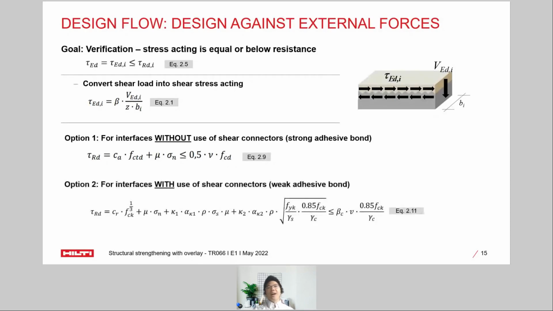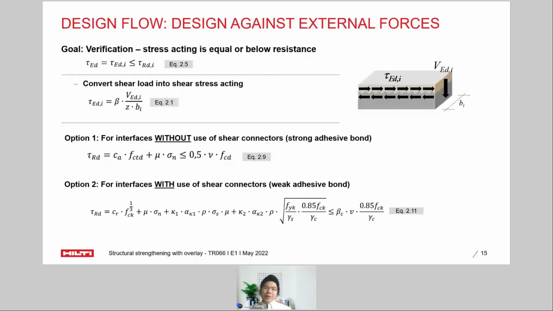If the bond is weak, you will need to use a shear connector, and calculating the shear resistance of the whole system requires a much longer formula, which we will cover in a later part. Ultimately, the goal is to see whether the shear stress applied to the structure can be taken up by the shear resistance provided by the option 1 or option 2 formula.